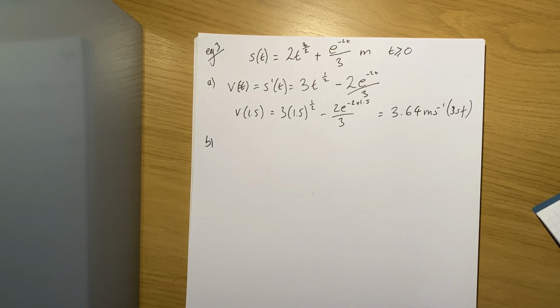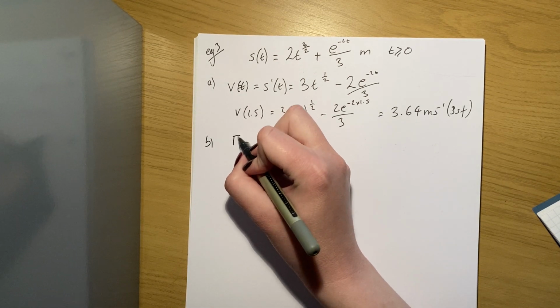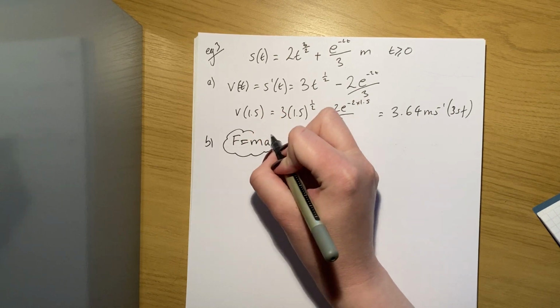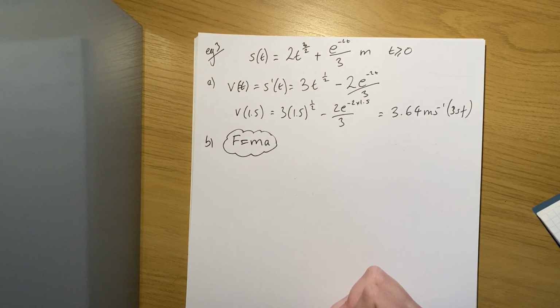Given that the particle is acted on by a single force of variable magnitude F newtons, which acts in the direction of the positive x-axis, so it's basically telling you it's horizontal, find the value of F when t is equal to 2. We are in mechanics. We can never forget force equals mass times acceleration. If we think about this problem without it, we have no way of working it out.